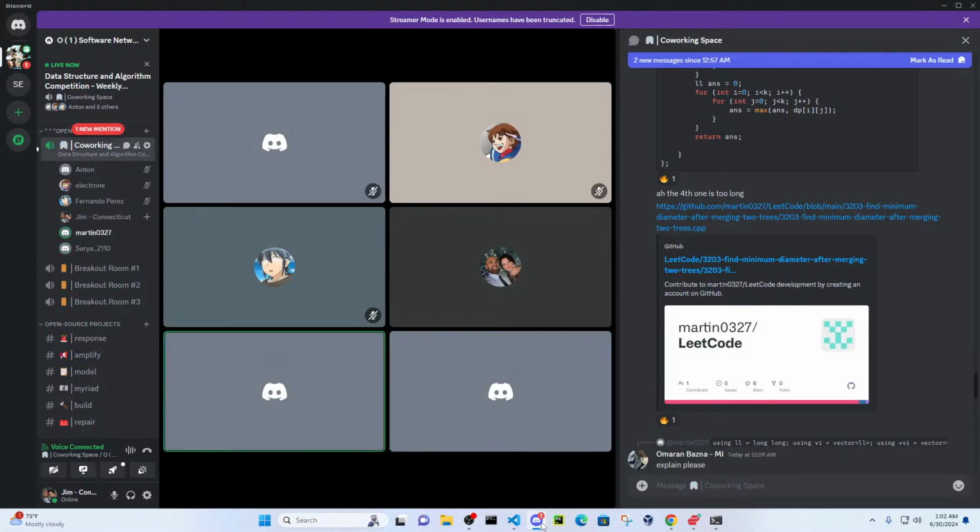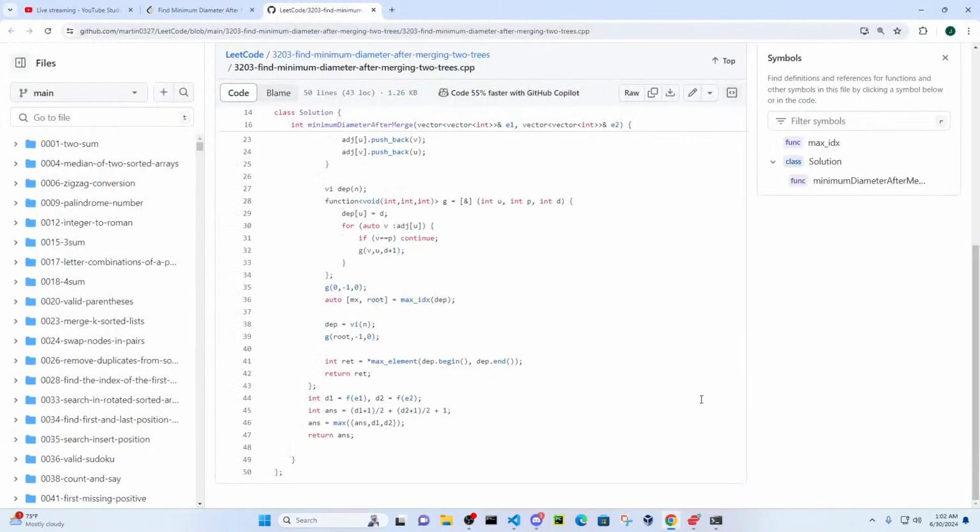It's pretty straightforward. As you see in my code, the function g is a simple DFS, where you record the depth of the node for every node, starting from the root, and you find the maximum depth and the node that has the maximum depth. Then you reiterate the same DFS starting from the node you have just found, and the maximum depth there is the diameter.